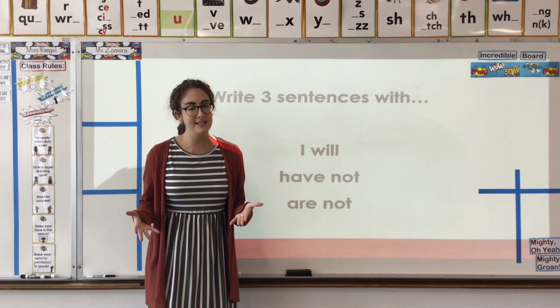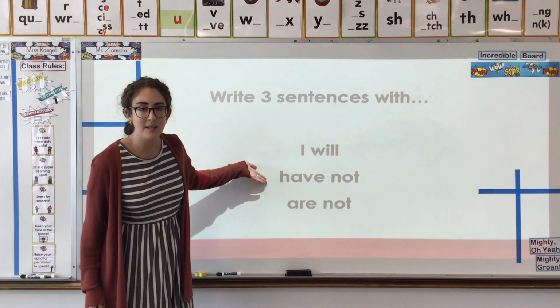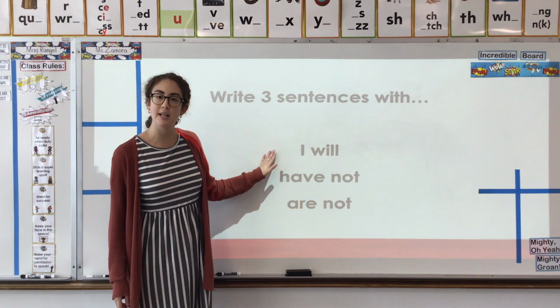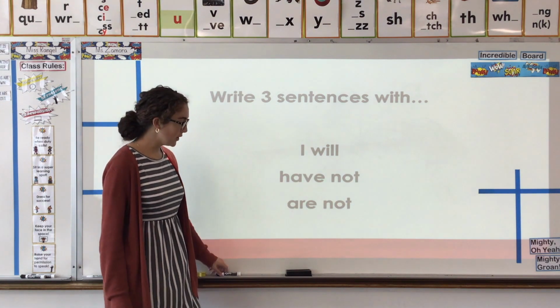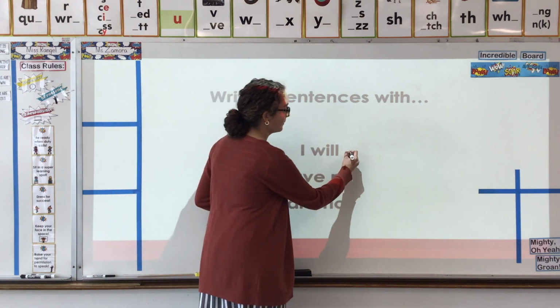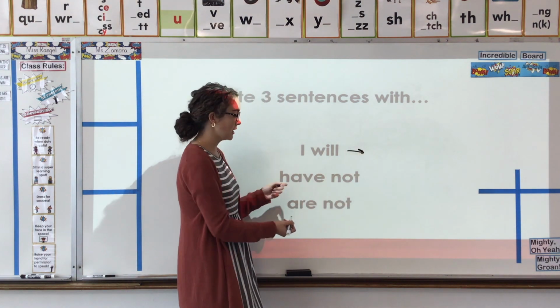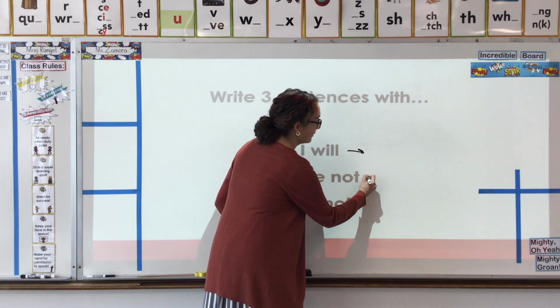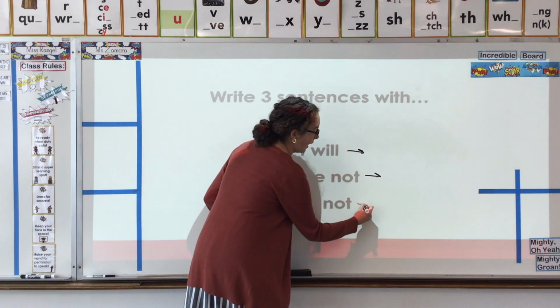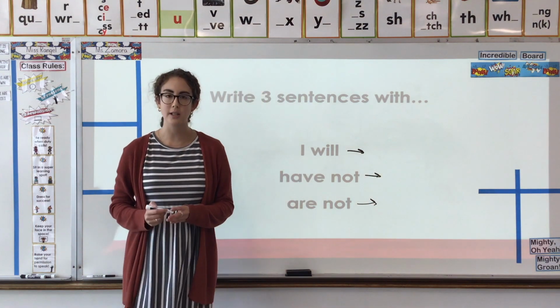But you're not gonna write a sentence with these words. You're gonna write a sentence with the contraction of these words. So you're gonna have to make sure you know what is I will as a contraction, what's have not as a contraction, and what's are not as a contraction.